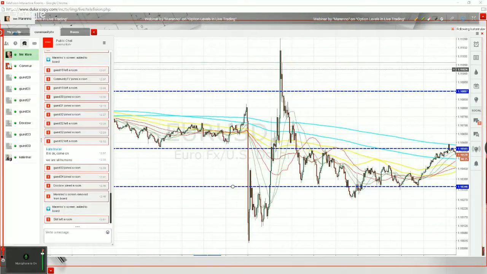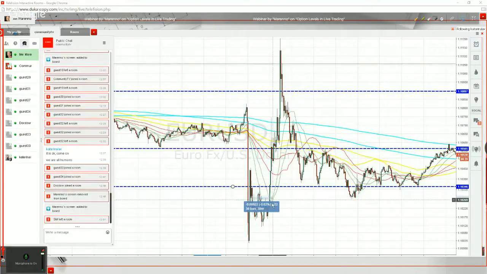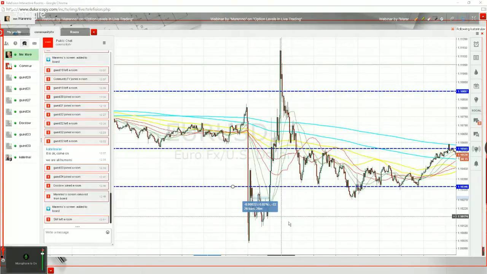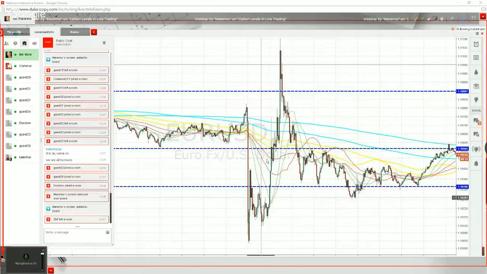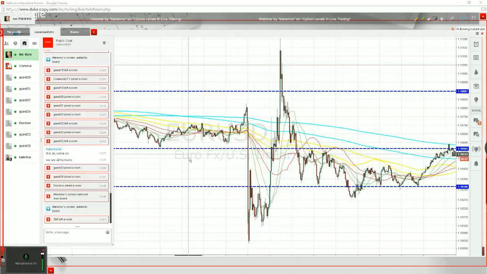Basically, I was in profit for about 20 minutes, and then I started to lose. So why did it happen actually? What did I do wrong with this kind of trade?